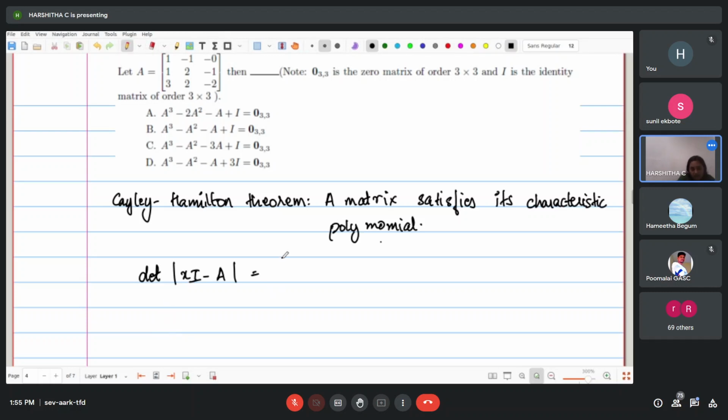So this is the determinant of x minus 1, 1, 0, minus 1, x minus 2, 1, minus 3, x plus 2.